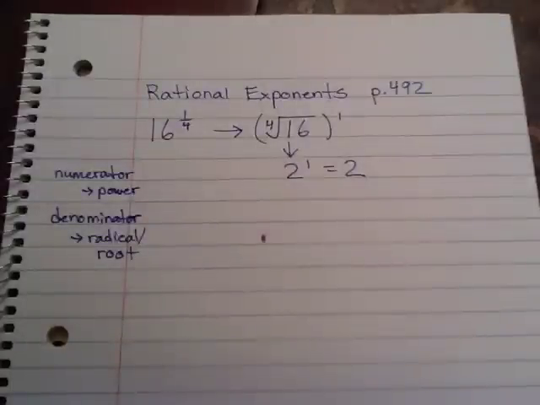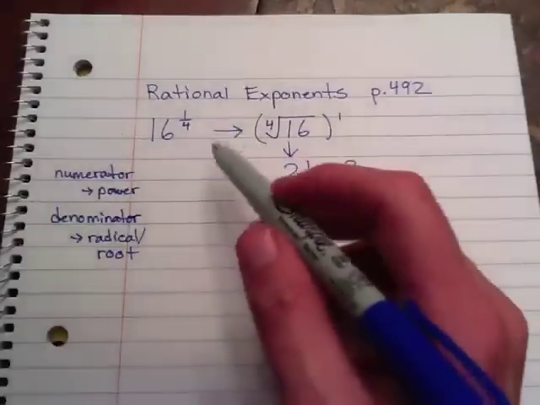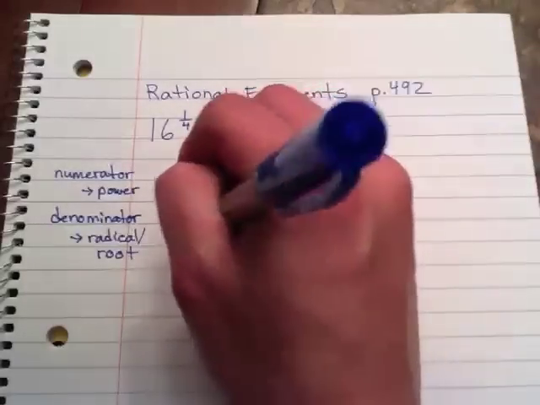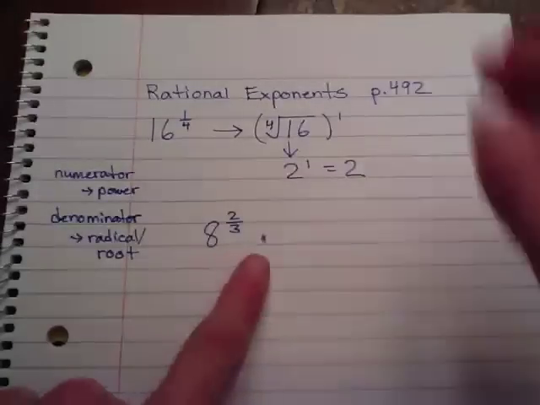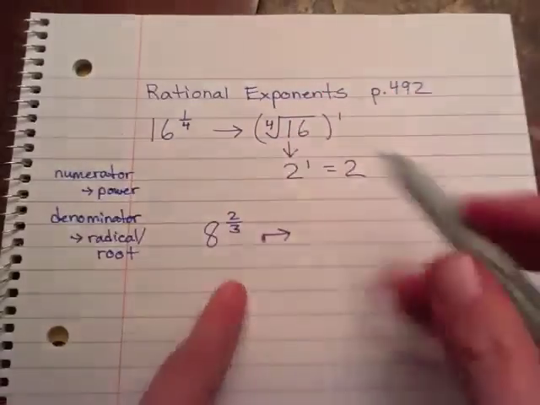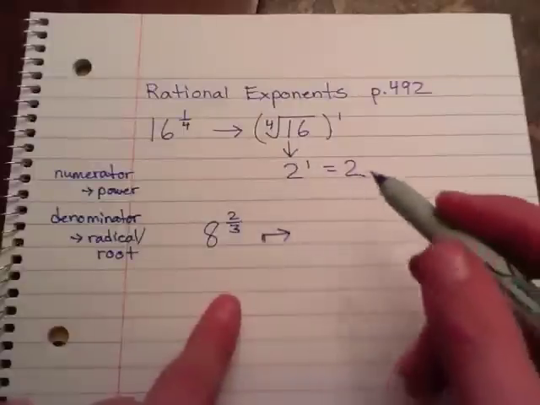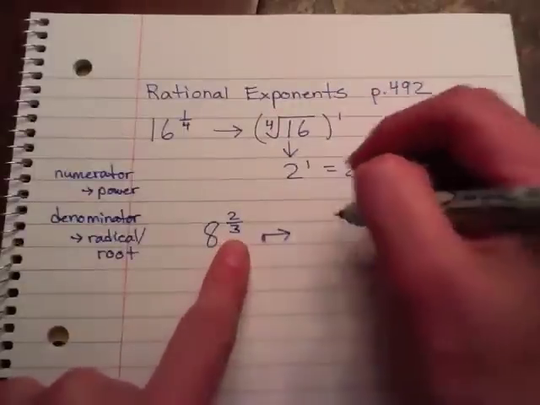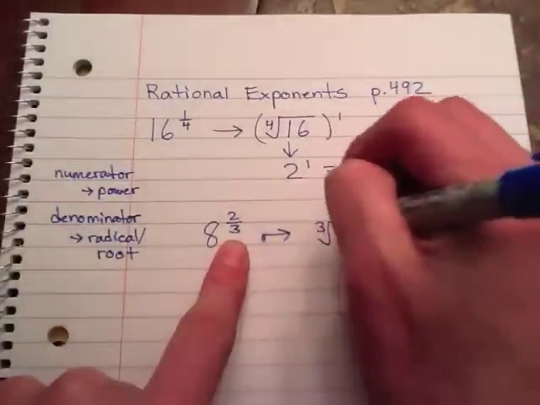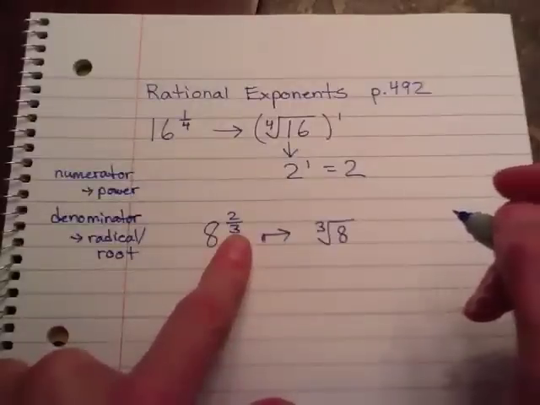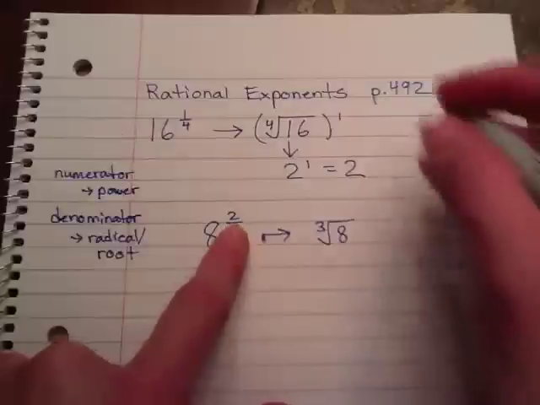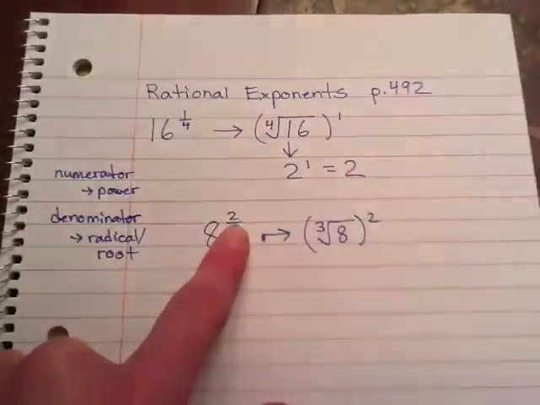So let's look at another one where we don't have a 1 here. What we have here is 8 to the 2/3 power. So it looks really confusing, but if you just stop and rewrite it, you're going to have to memorize which one goes with which. It's 8 cubed root. So I have the cubed root of 8. What times itself 3 times gives me 8? But then once I get that answer, I'm actually going to square it.